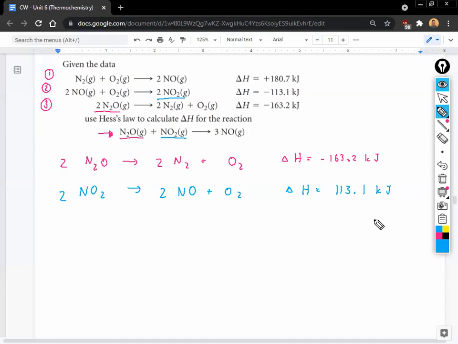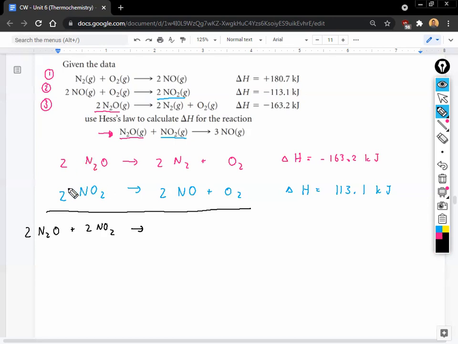All right, so what we can do now is we can start combining some things together. Okay, so if we combine this reaction together, and I just add it all up, I have 2 N2Os on the left side and 2 NO2s on the left side as well, right?